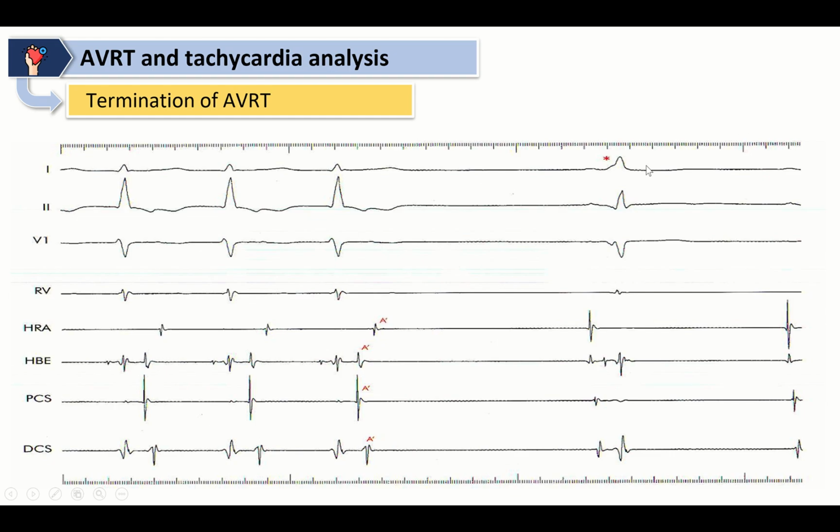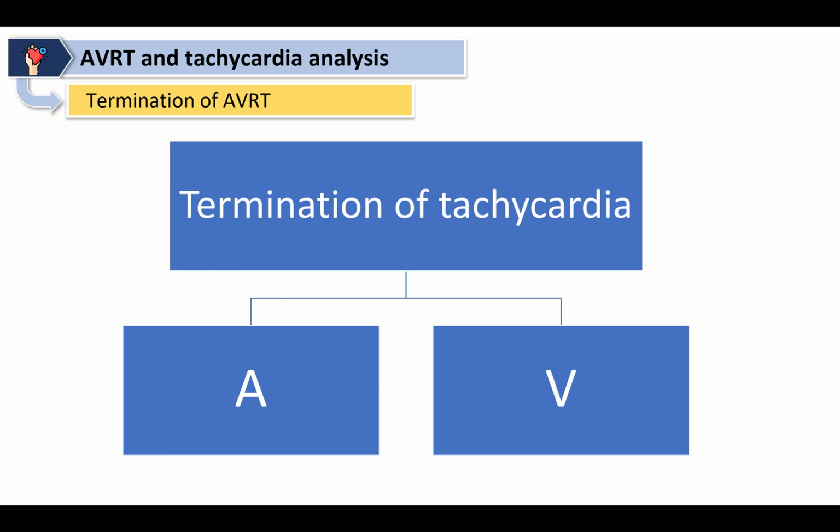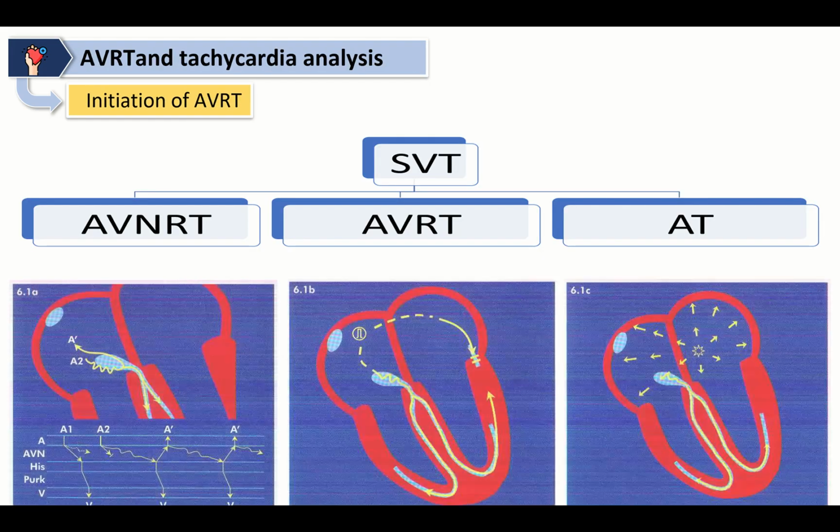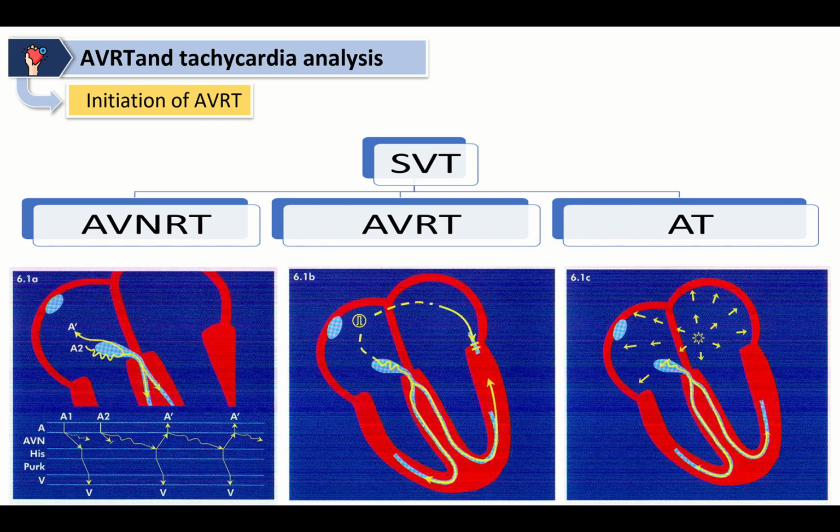Then back to sinus rhythm, we can appreciate the next sinus beat, pre-excited. So termination of tachycardia may be A, may be V, but golden rule, if you have SVT terminating with A, atrial tachycardia is excluded 100%.